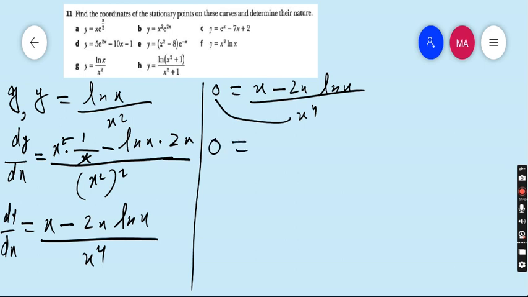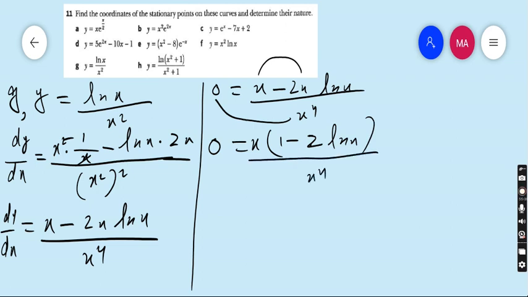Before I multiply by x4, it is better to take common x. So it is 1 minus 2 ln x upon x4, x cancel by its square. 0 is equals to 1 minus 2 ln x.